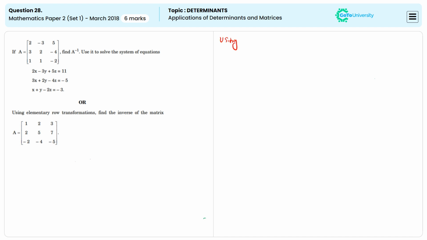So using elementary row operations, we can say let A is equal to I into A, where I is the identity matrix of 3x3.